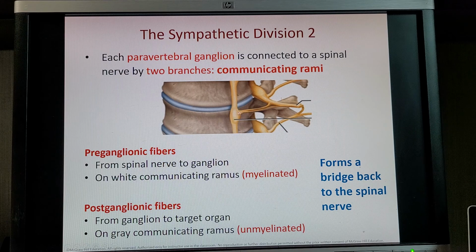So that's these little thin branches here. So we exit off the spinal nerve, pass off our baton, and then go back to the spinal nerve. So it just forms a little bridge, just takes a little side branch off of our travels, and then goes back and uses that same highway in order to get to your target.